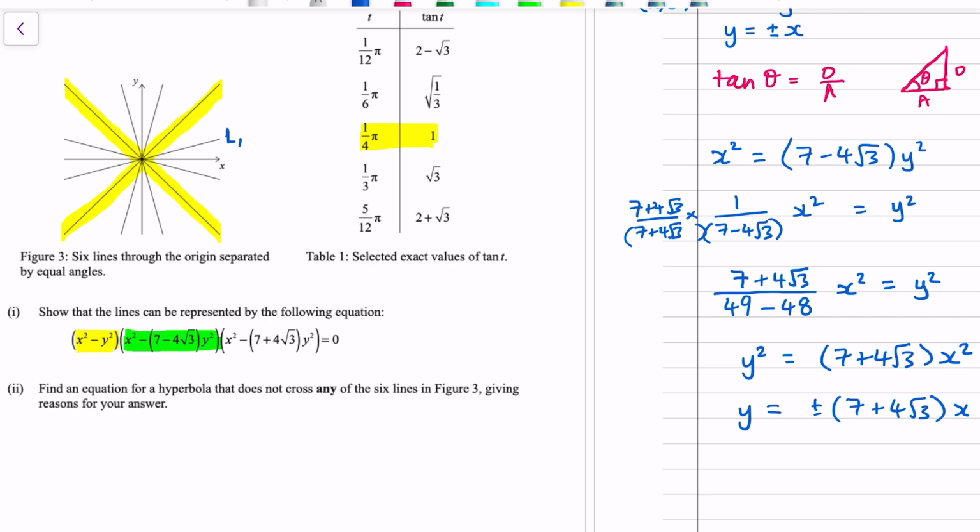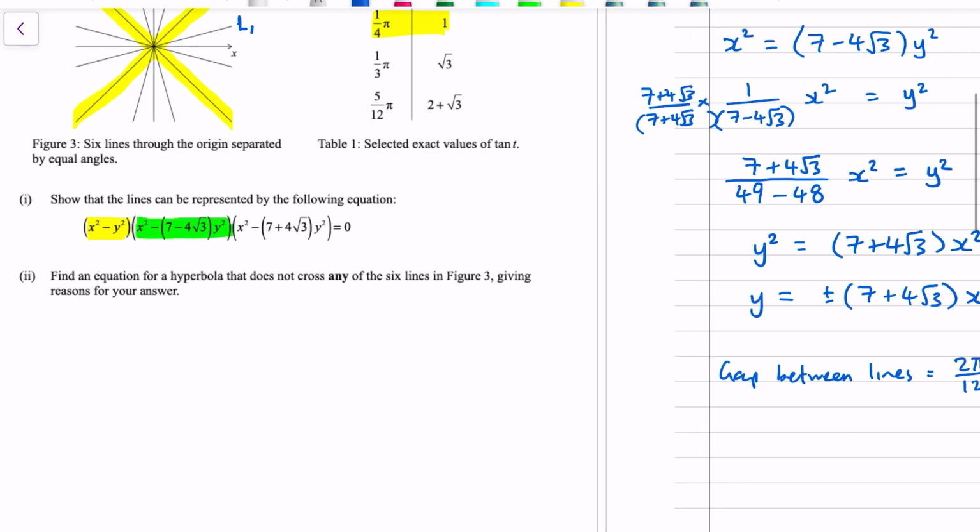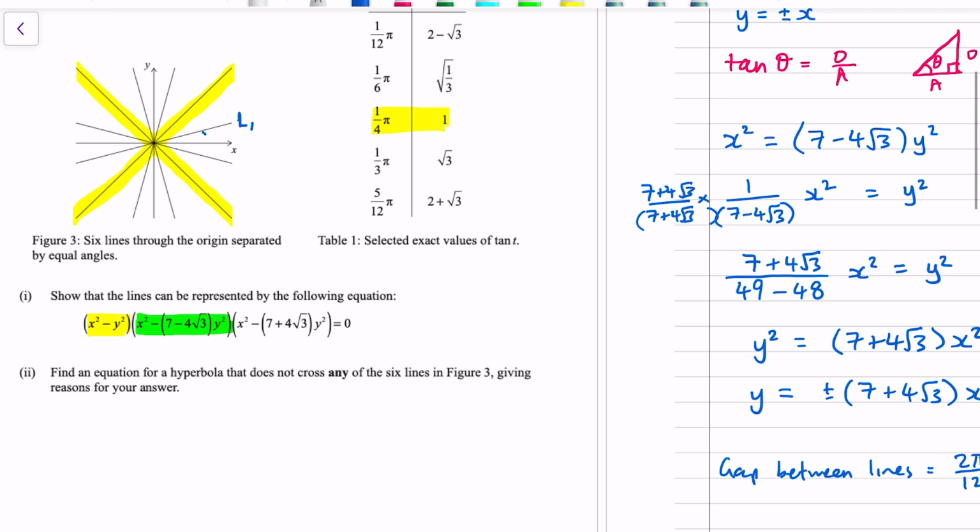And the gap between lines, 2 pi over 12, pi over 6, right? And then that means that the angle here is pi over 12.